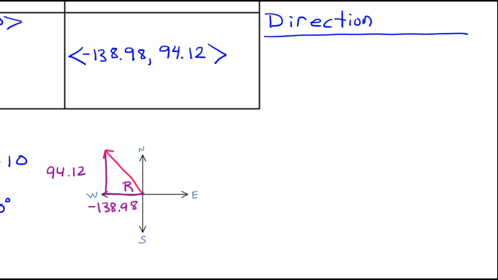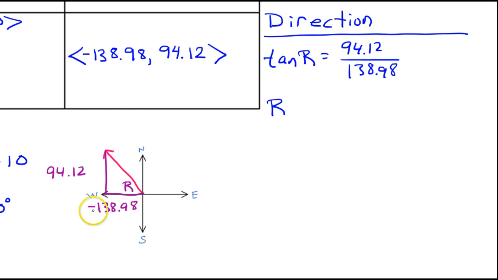because the tangent of angle R is going to be 94.12 over 138.98. Notice I'm ignoring the negative sign.